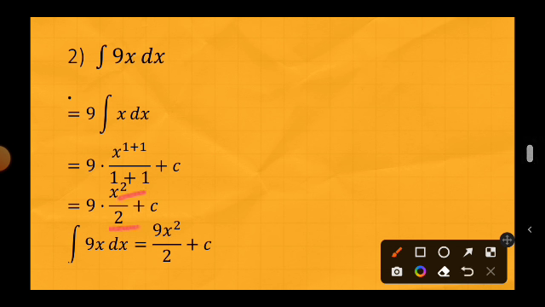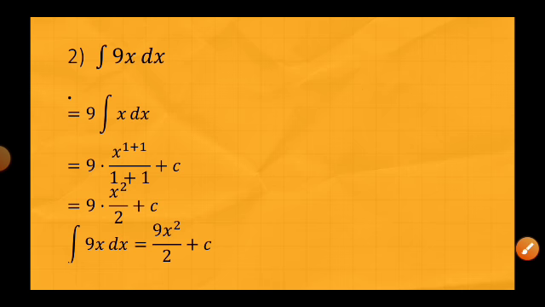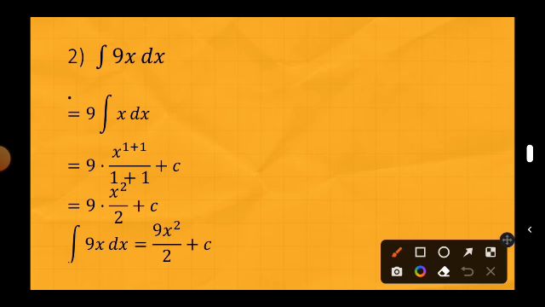Now we have to multiply our constant 9 to our x squared over 2 plus c. As we simplify that, we get 9x squared over 2 plus c. Therefore, the indefinite integral of our function 9x dx is simply 9x squared over 2 plus c.